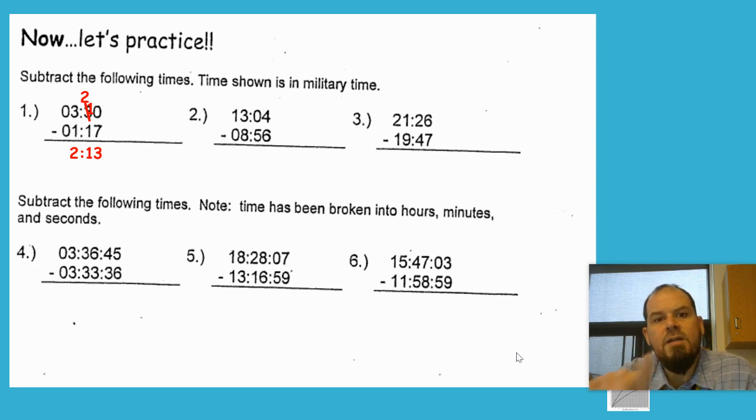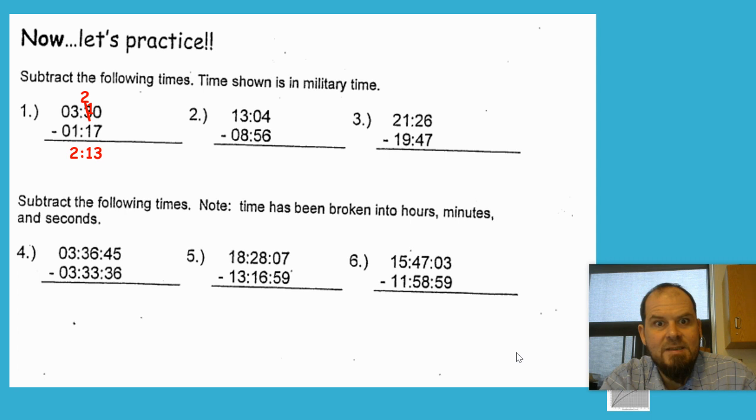Here, the 4 and the 0, I need to borrow from. So when I cross off the 3 and bring it to a 2, now I'm taking an hour into minutes, and now it's going to be 60 seconds. So I'm going to put a 6 where the 0 is, and a 0 on top of the 4. Then I have to borrow from the 6 to make it a 5.